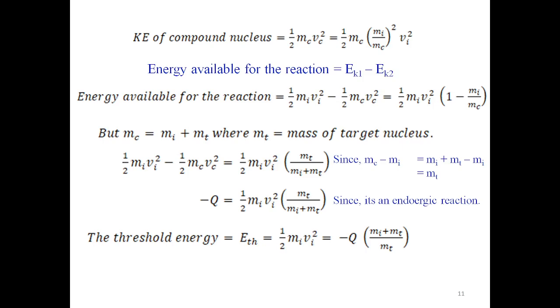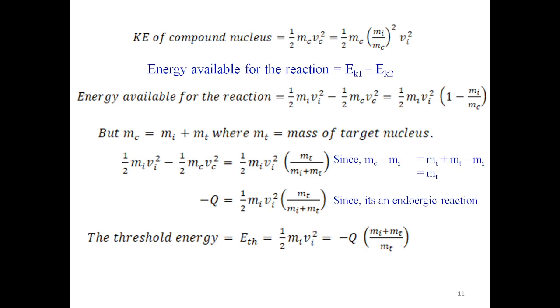That is the difference between the energy possessed by the projectile and the energy of the compound nucleus. That is the energy transferred to the compound nucleus from the projectile. The remaining energy is the actual energy available to start the nuclear reaction.